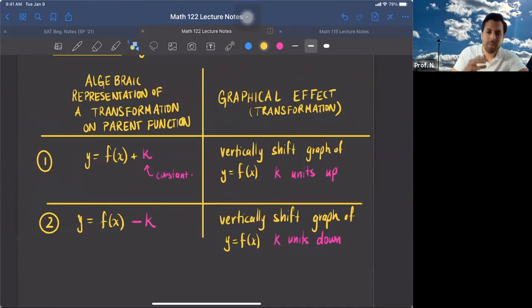We're learning how to give commands and how to interpret commands. So these are algebraic. It's kind of wordy, right? An algebraic representation of a transformation on a parent function. You can just think of this whole thing as an algebraic command. It's a command. So this is AKA algebraic command.